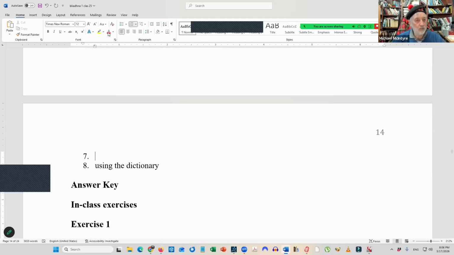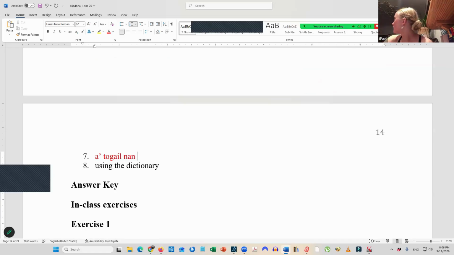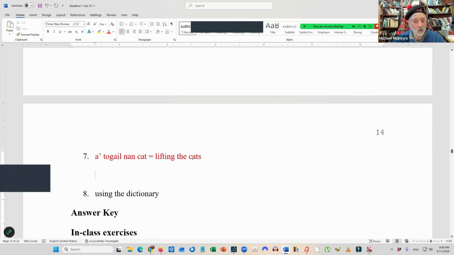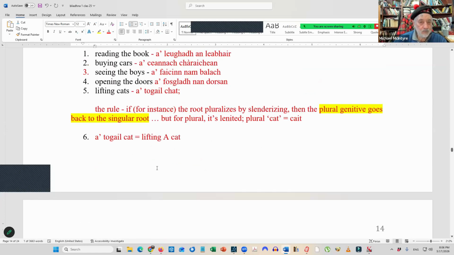All right. A total non-cat, lifting the cats. Okay, so we go back to the singular.